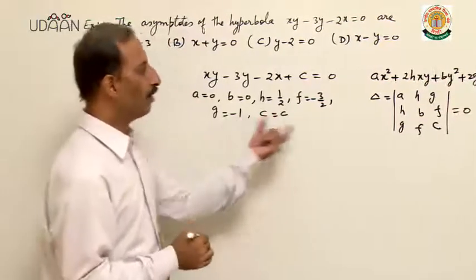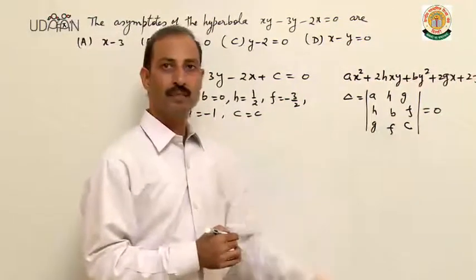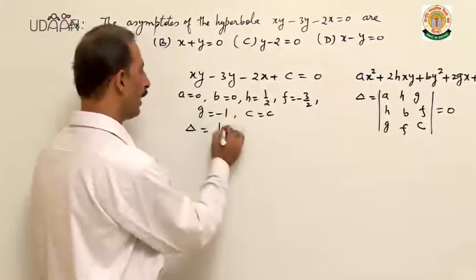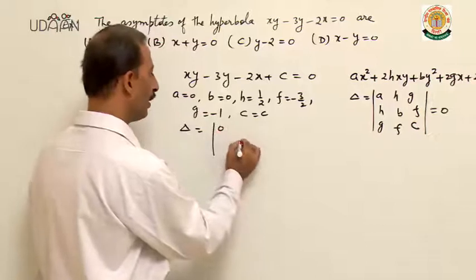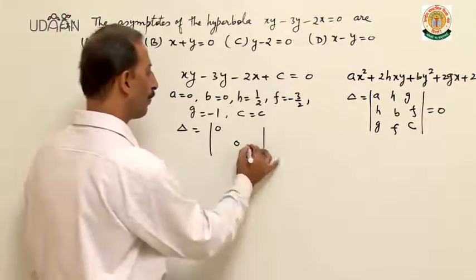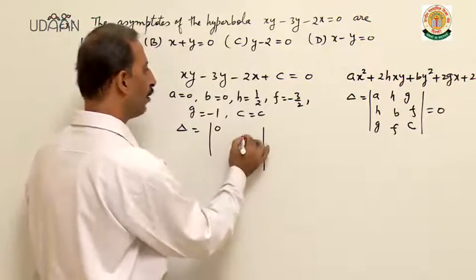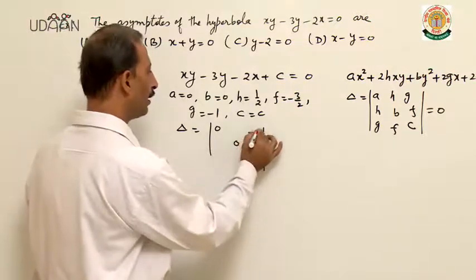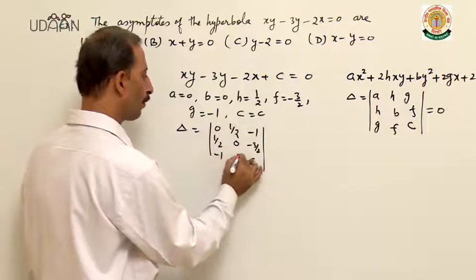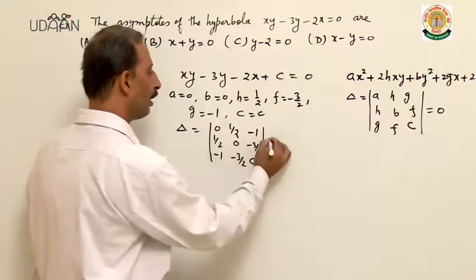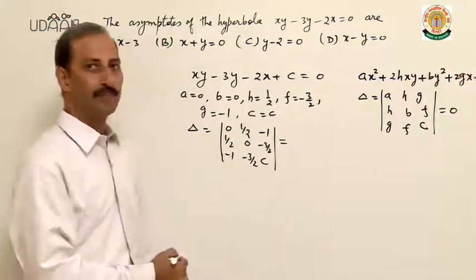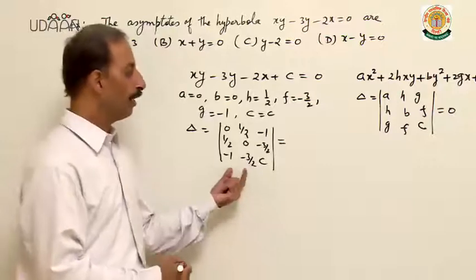Put these values in this and find out the value of delta, that is a is 0, b is 0, c is c, the value of f is minus 3 by 2, the value of g is minus 1, the value of h is half. Now expand this determinant, you will get the value of delta, it should be 0.